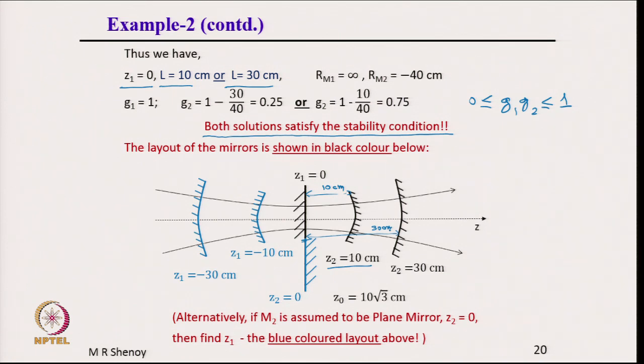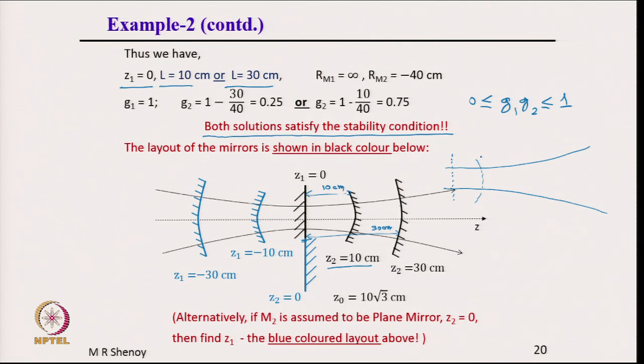How is it possible? Because we have another condition which says the radius of curvature of the wavefront must fit the curvature of the mirror here or here. Which means the radius of curvature of the wavefront here must be the same as the radius of curvature of the mirror. A Gaussian beam which is propagating like this, starting from the plane wavefront, diverges like this.